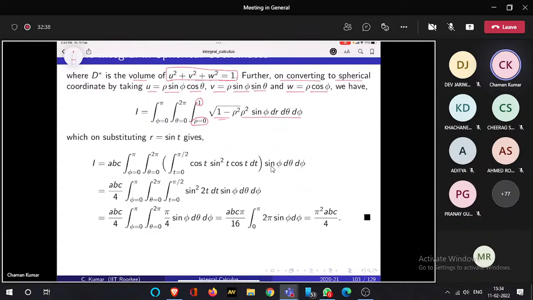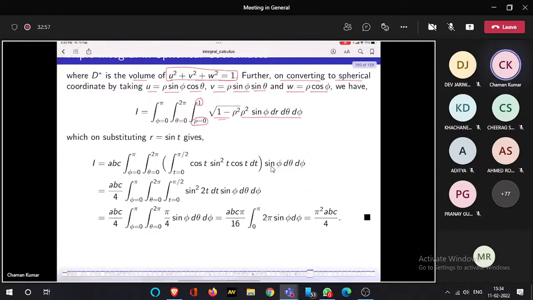Since you have the entire sphere, you start a ray from the z-axis, and then you rotate this at a fixed angle in its projection. So this will make an angle 0 to 2 pi.